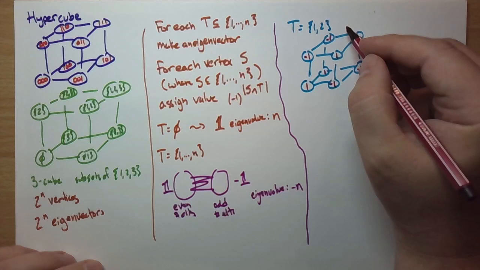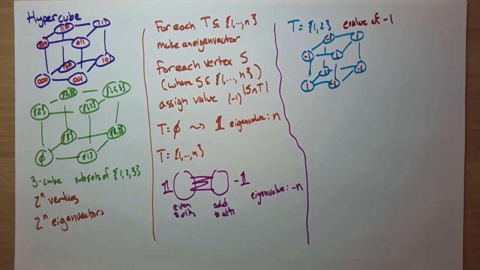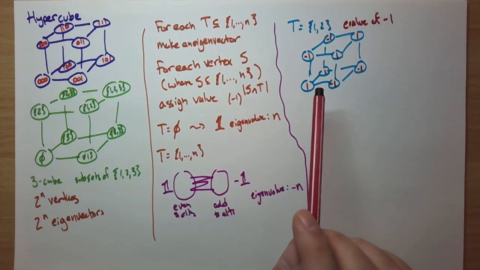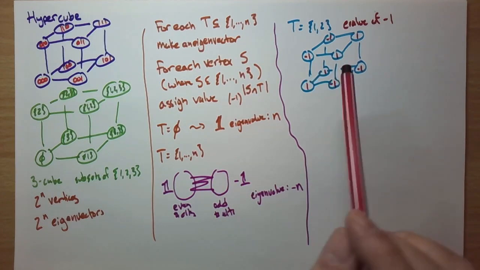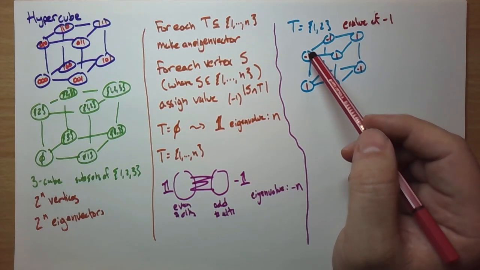And so this has eigenvalue minus 1. And in particular, there's a way to figure out. I think it turns out to be something like n minus 2 times the size of T is what the eigenvalue is.